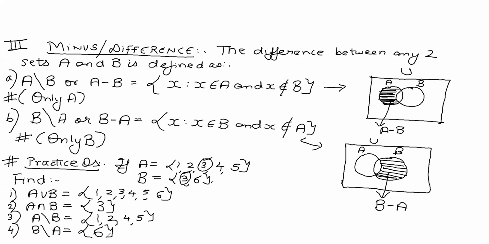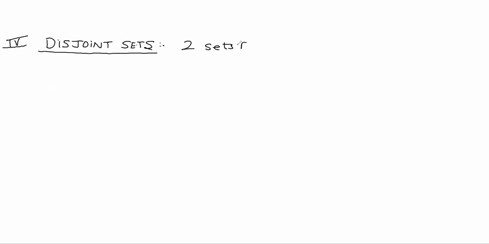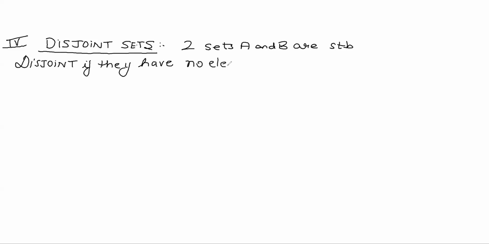The next thing, erasing it off. Fourth property. What is meant by disjoint sets? So, two sets A and B are said to be disjoint if they have nothing in common, if they have no element in common.